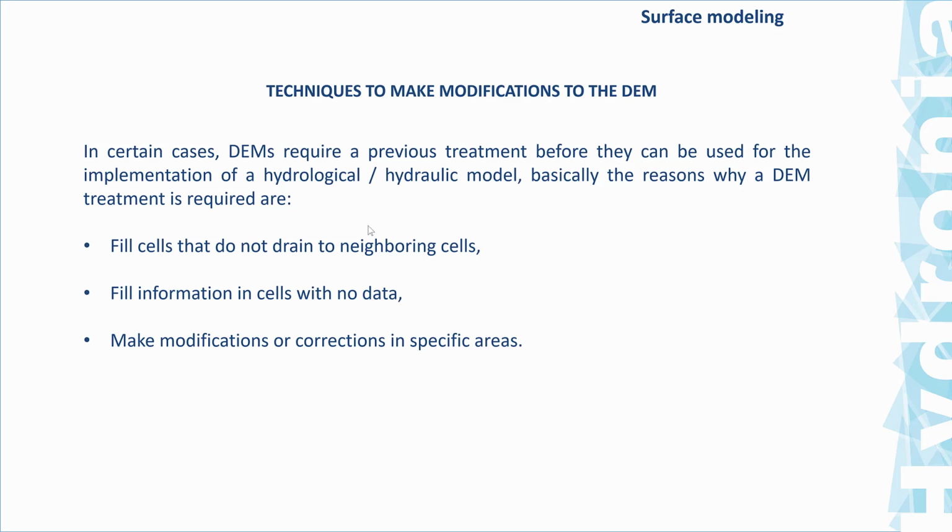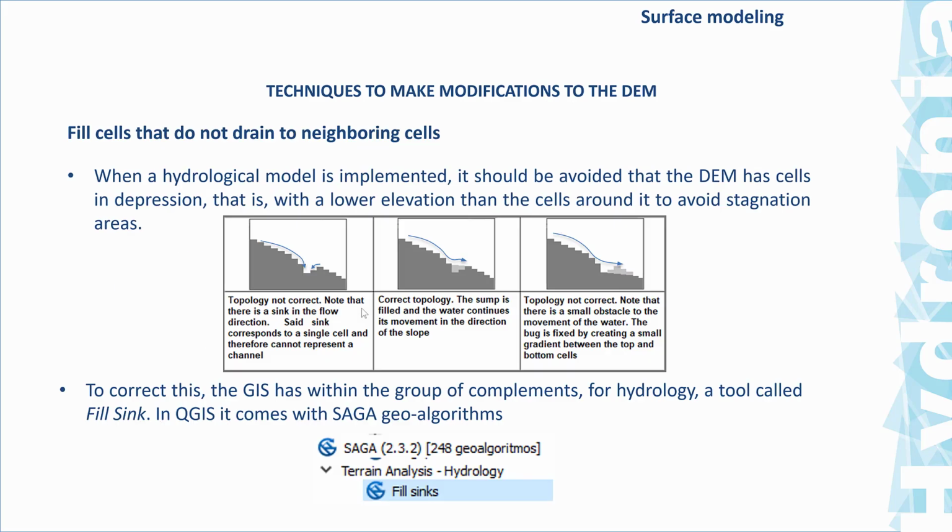There are situations where the information contained in the DEM has gaps, so you have cells or pixels in the rasters that do not have information, or they capture vegetation that we want to remove, or they capture roads or bridges, for instance, over the stream, and we need to remove that. So there are many situations where we need to modify the DEM.